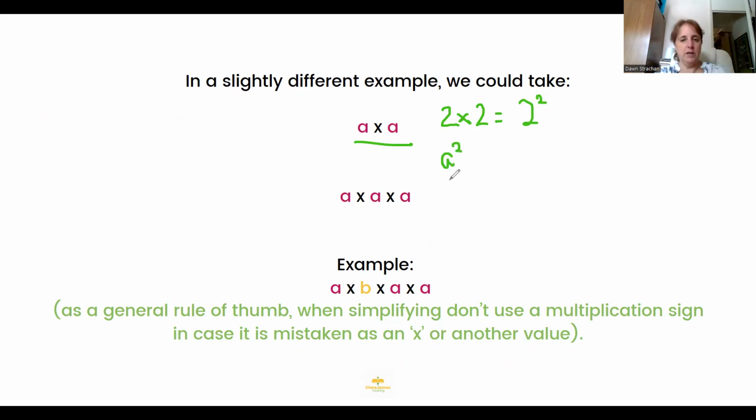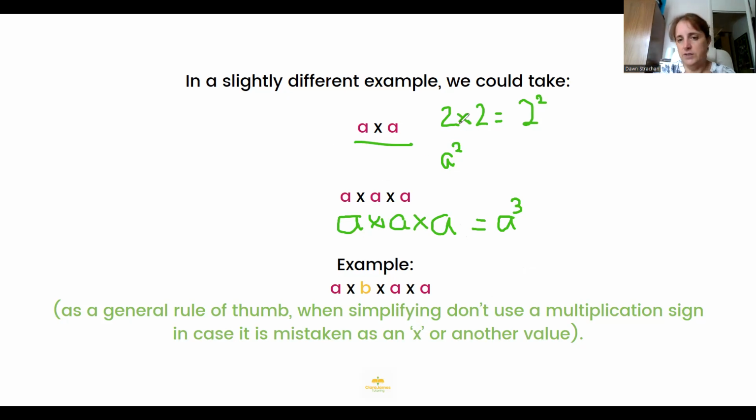This is getting a bit harder now, so this is a bit more difficult to understand. This time I've got an a times another a, times another a. So I've timesed a by itself 3 times.